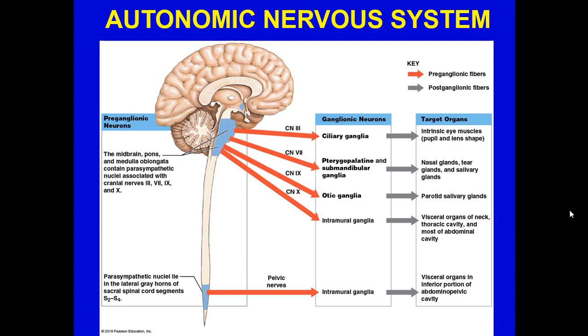Now, also notice down at the bottom, coming out of the lateral gray horns of the sacral spinal cord segments, S2, S3, S4, you will have preganglionic fibers. They're going to be the pelvic nerves. They are going to synapse at ganglionic neurons in the intramural ganglia. If you get confused with intramural, think of it as really close up to the target organ.